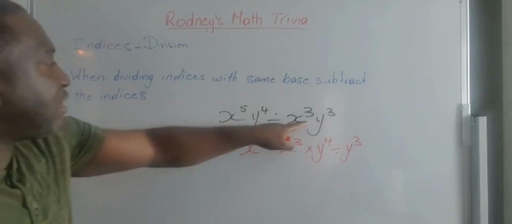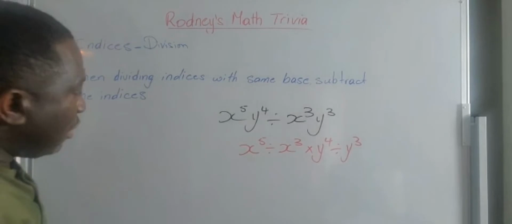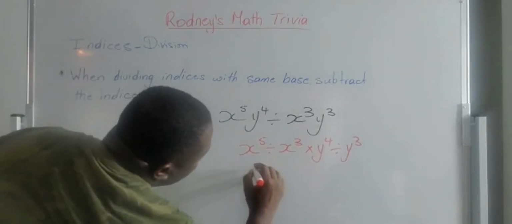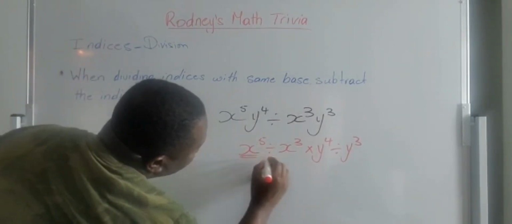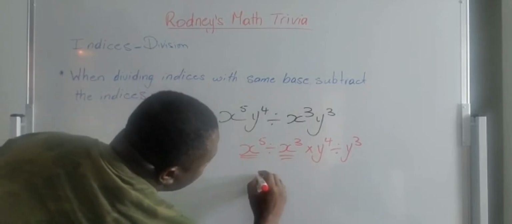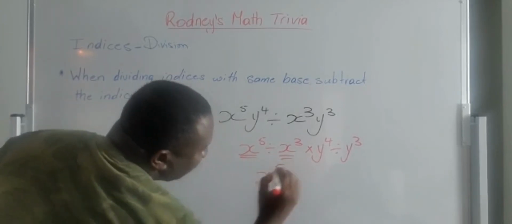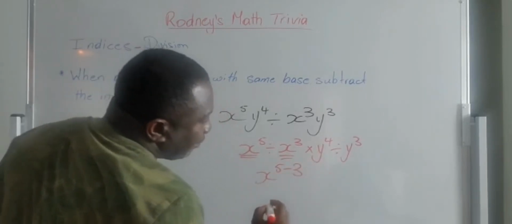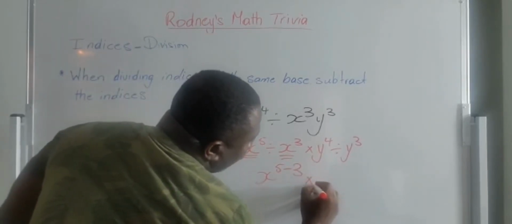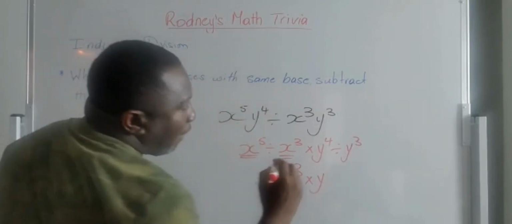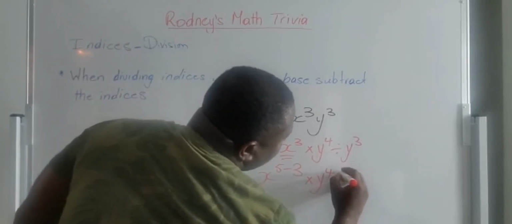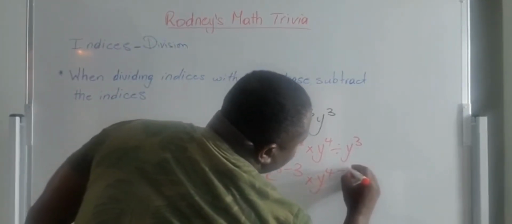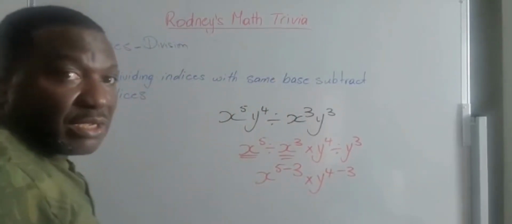Because xy means x multiplied by y. Hence, we are subtracting, because the base being the same, x being raised to the fifth, we are taking 3, y to the fourth, we are taking 3 likewise.